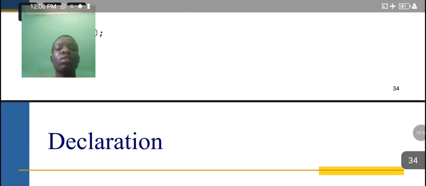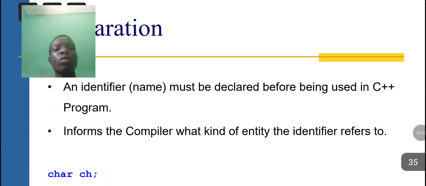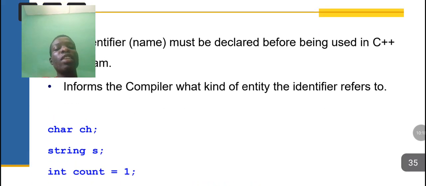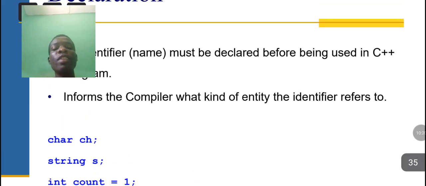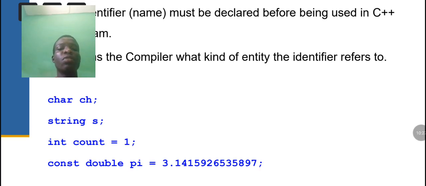So that's declaration. A variable or identifier must be declared before use in a C++ program. To declare a variable, let's say a character, for example: char ch, you declared. String s, you declared, then termination.